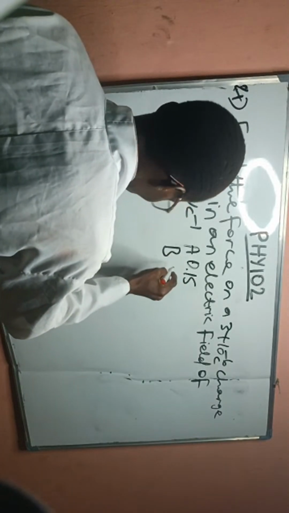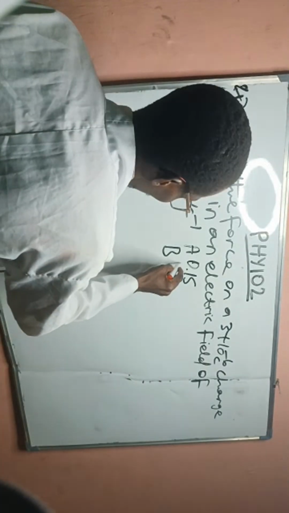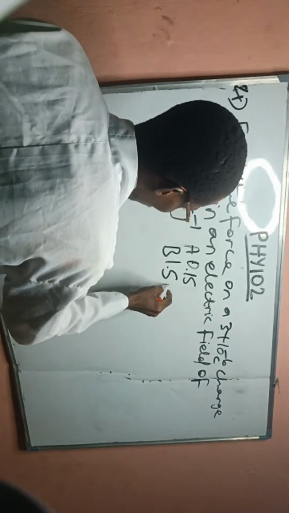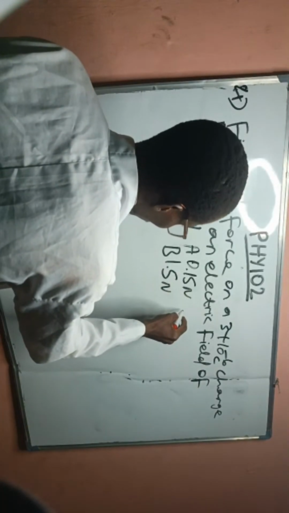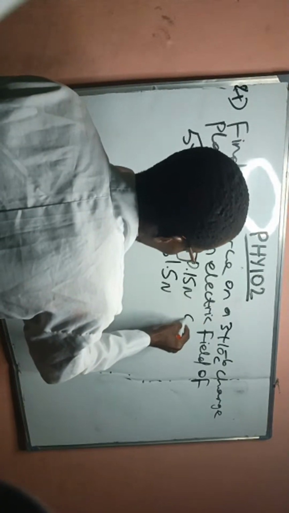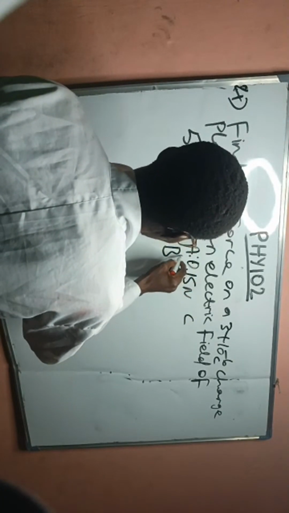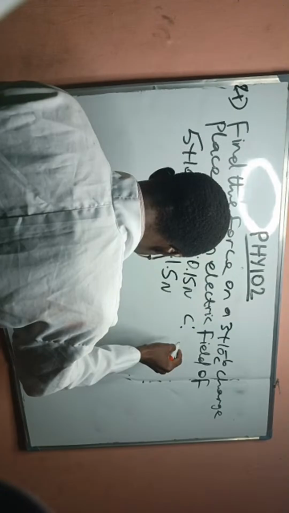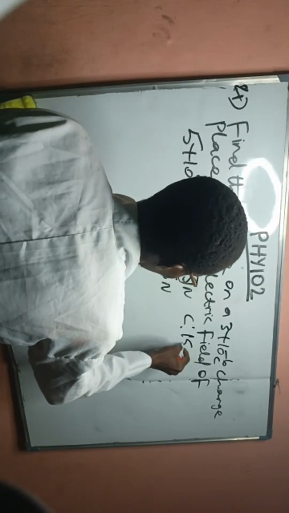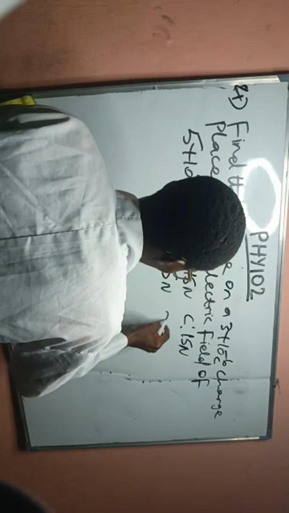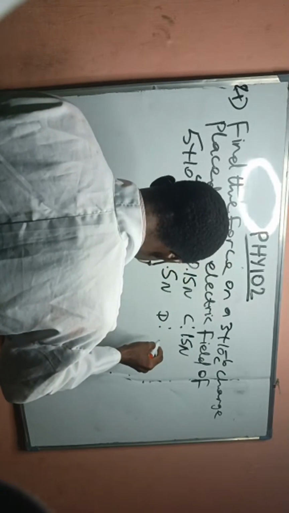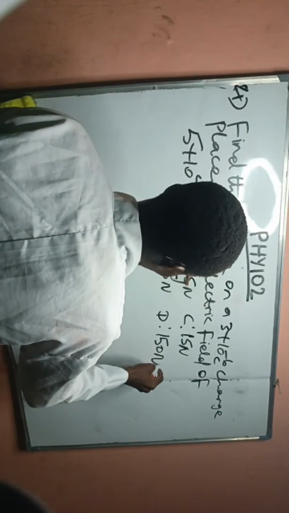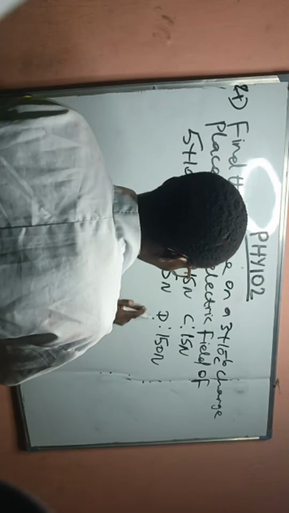Option B, 1.5 Newton. Option C, 15 Newton. Option D, 150 Newton. Option E.